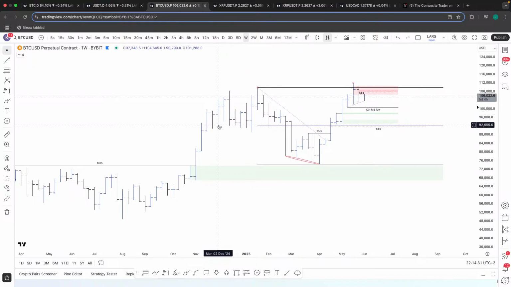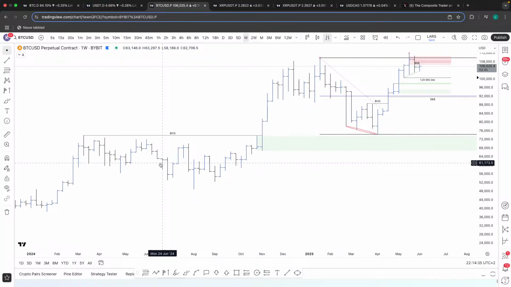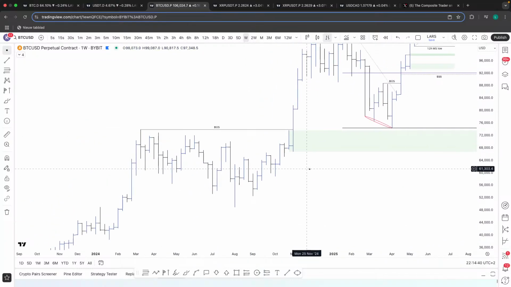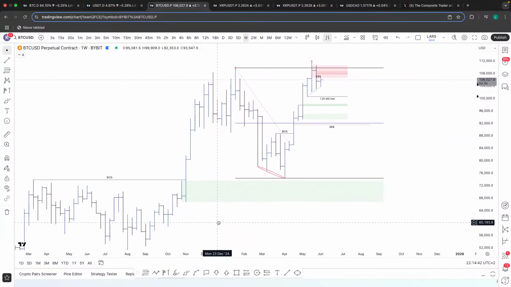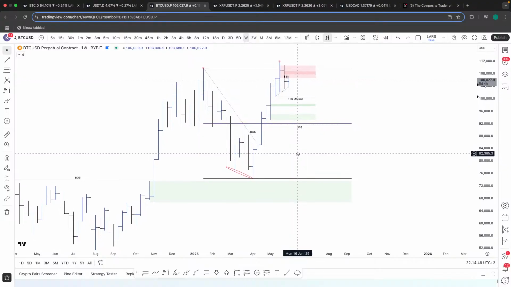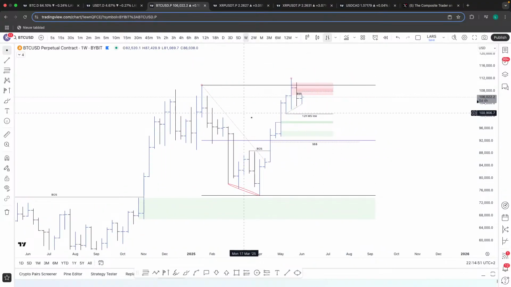I'm trying to see if I can find an example. No, barely. You got two lows right there, those get left behind. You barely see such a clean liquidity curve.